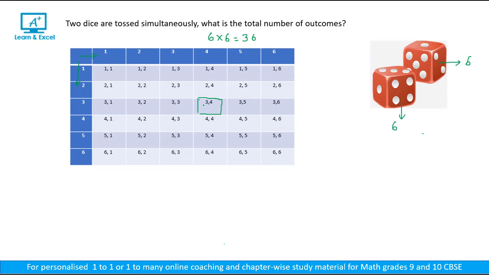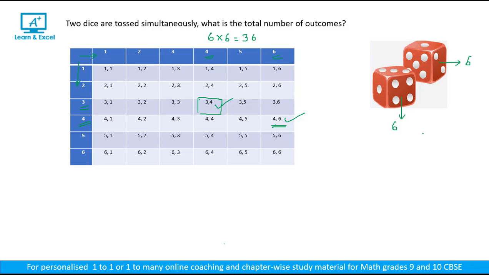So the column has 3 and the row has 4. So here we will write 3, 4. Here again, if we want to fill this, we will first look at the column, which is 4, and then we look at the row, which is 6, and here we will fill 4, 6. So like this, we fill this table and we will get all 36 outcomes without missing a single outcome.